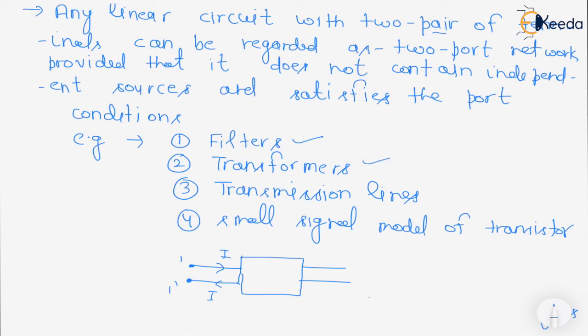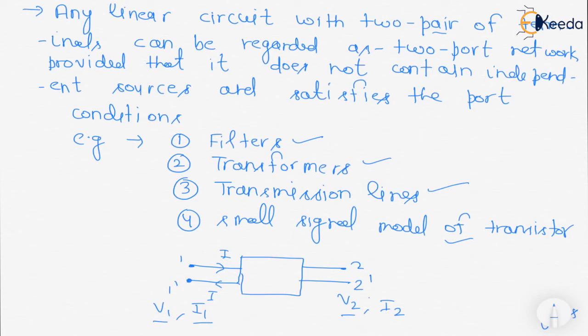The few examples are filters, transformer, transmission line, small signal model of transistor. This is number 2 and 2 dash. If we will be representing, then there will be a voltage at terminal 1, V1, current at terminal 1, I1, and voltage at terminal 2 is V2 and current at terminal 2 is I2.